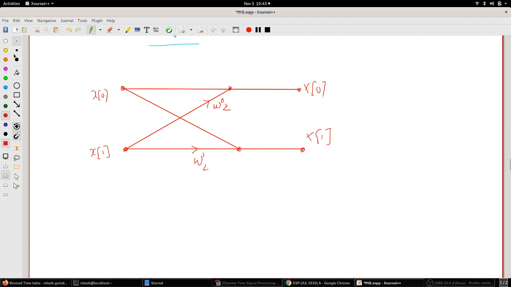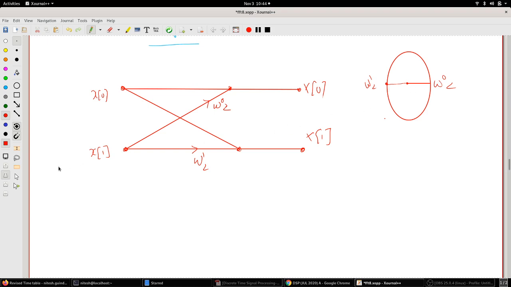Now I can redraw this structure. What we have seen is W0 of 2 and W1 of 2, right? So if you draw on a circle, this is your W0 of 2, and the W1 of 2 is actually this one, which is always a negative of the W0 of 2.